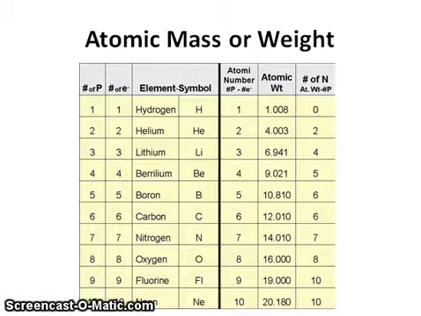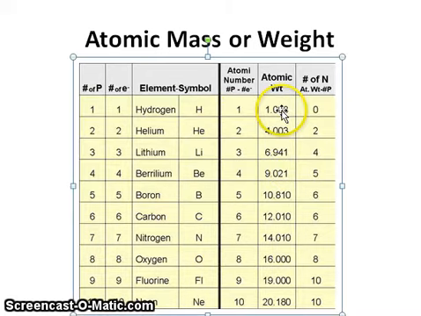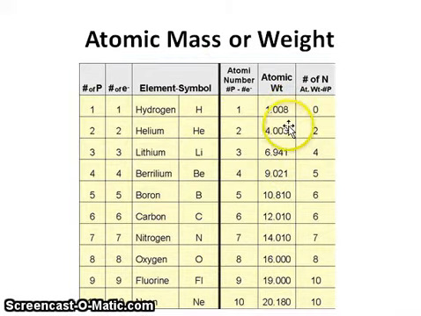Let's go back to our table where we have the elements. Remember we talked about the atomic number, which was the number of protons, and if the atom is neutral, it would also be the number of electrons. Well, now we're going to add another column, which is the atomic weight. And remember that this atomic weight we can get from the periodic table.